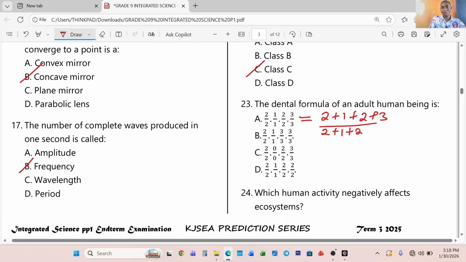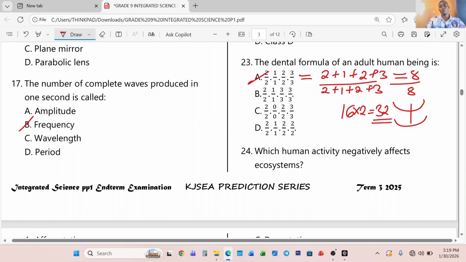In this case, we get 8 for the upper jaw, and for the lower jaw, we get 8. When I add this, I'll get 16, and because the dental formula is always worked out per jaw, we have to multiply by 2, and we know human beings have a total number of 32 teeth. So the correct answer to this question is A.